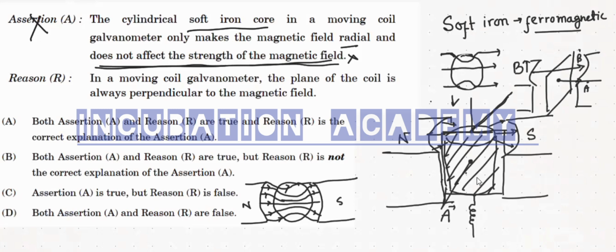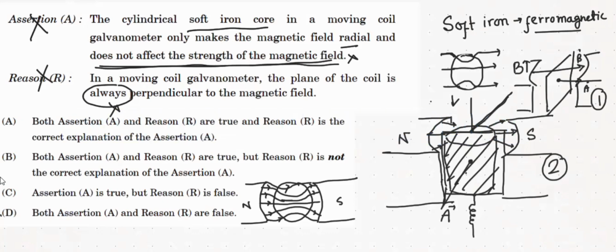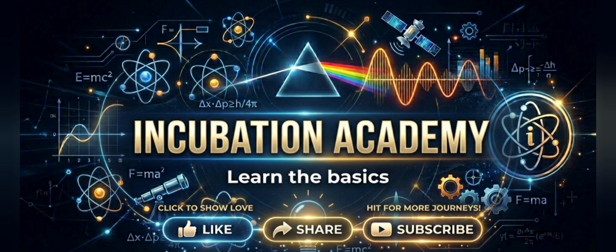In figure 1 they are parallel, in figure 2 they are perpendicular. So I have a problem with the word always. It is not always perpendicular. So the reason is also false. From this we can say option D is the correct option here. Thank you all of you.